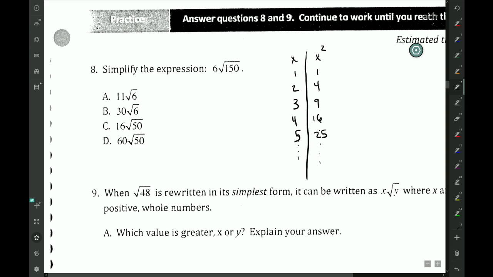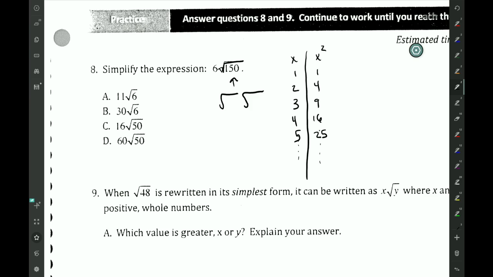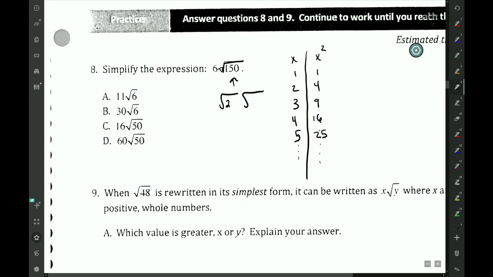Again, what perfect squares are factors of 150? So you're going to try and divide 150 by the different perfect squares. If you see something like 50, most likely it's going to be divisible by 25. 25 times 6.